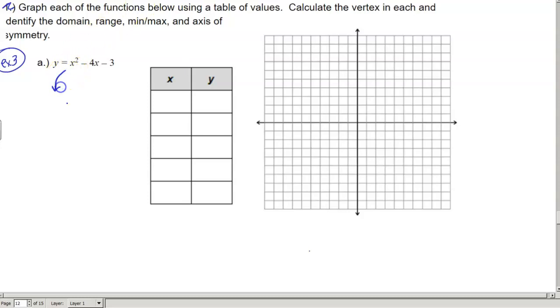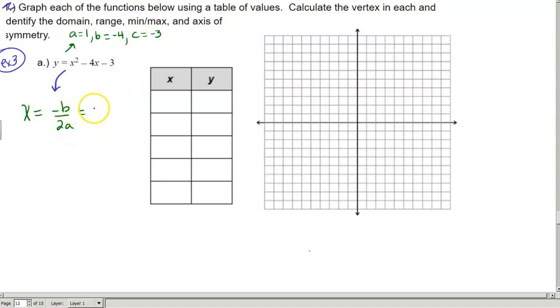So whenever you get a problem like this, the first thing we're going to do is calculate where the middle of this parabola is. We're going to calculate negative b over 2a. Well, in this problem, the a value is 1, the b value is negative 4, and the c value is negative 3. So we can go ahead and calculate this out.